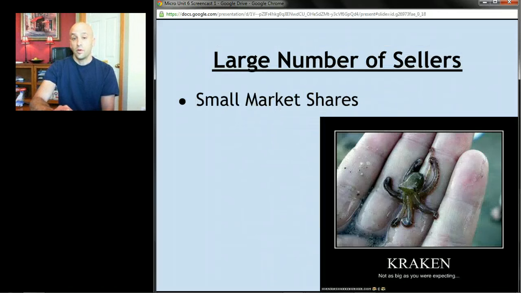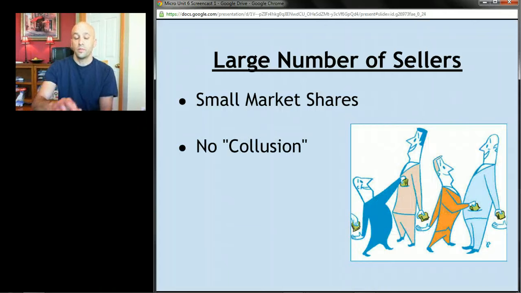All right, so let's talk a little bit more about what it means to have a large number of sellers. One implication of that is that each firm is going to have a relatively small market share. If you have hundreds or thousands of firms, it's unlikely that any one firm is going to be selling more than 2 or 3 or 4, maybe 5% of all the goods sold in that market. One implication of that is that there's no collusion.